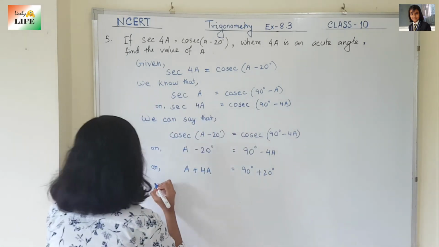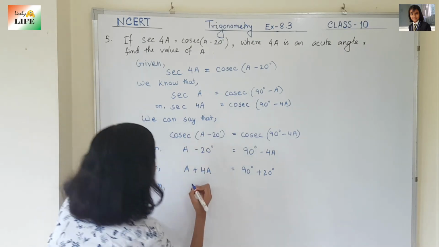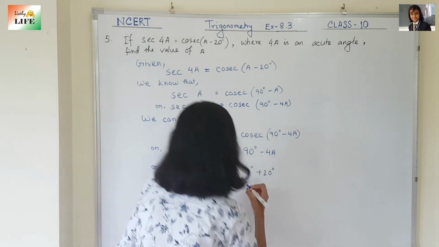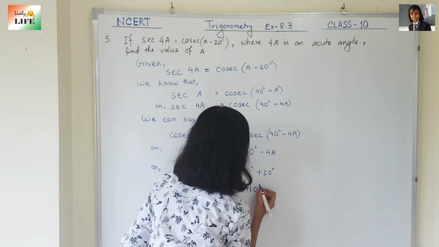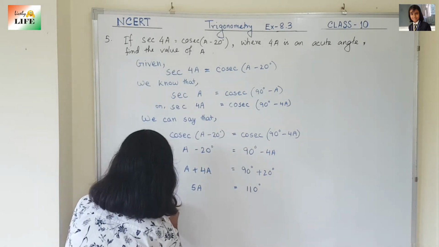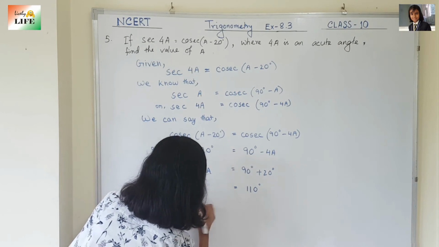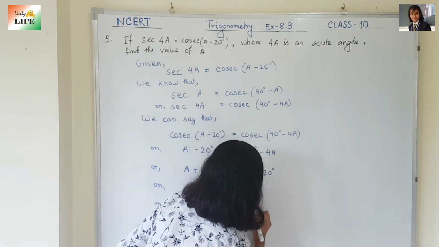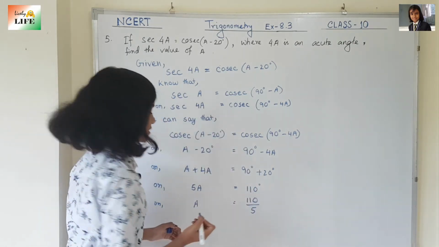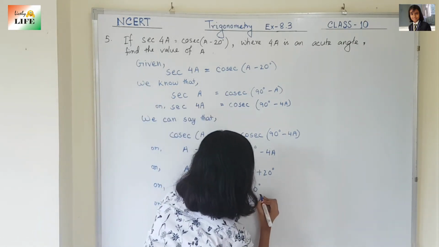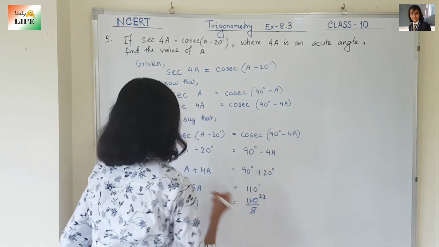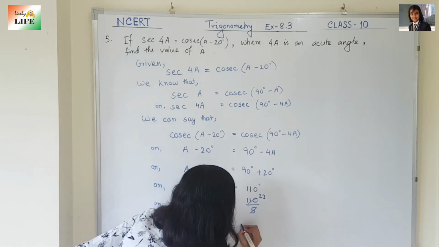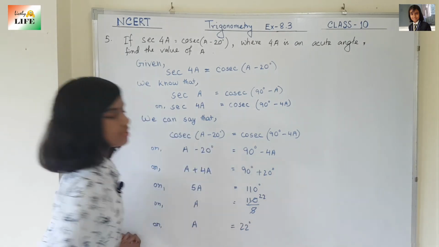Okay, or 5a, 4a plus a is 5a, and 90 plus 20 is 110 degree. a is equal to 110 by 5, right? 5 twos are 10, again 5 twos are 10, or a is equal to 22 degree.